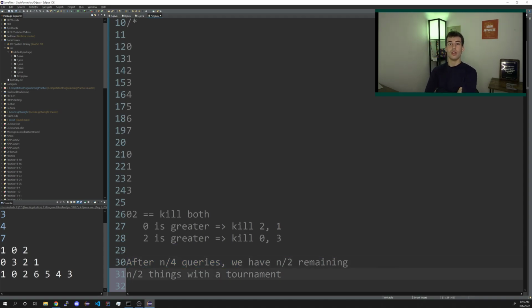This would take n over 2 plus 1. So this would be 0.75 n, but we need 0.66 n.